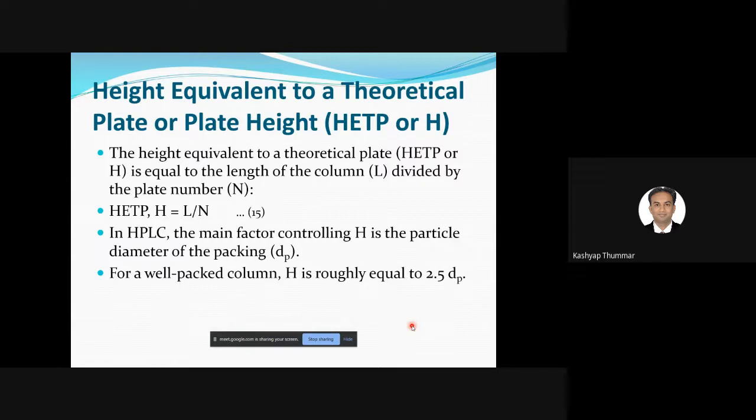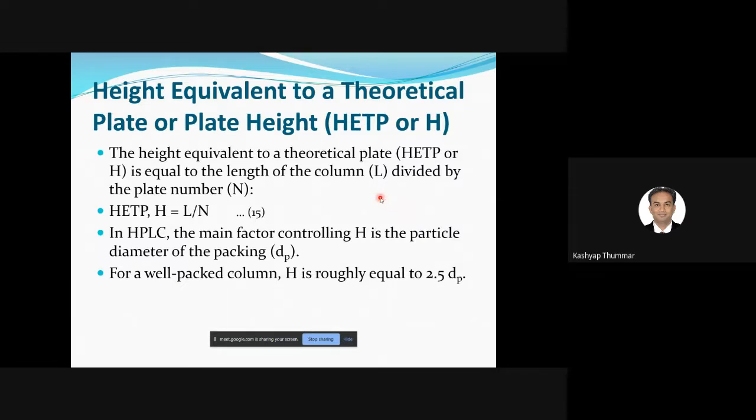Both are similar terms. So what is the meaning of that? The height equivalent to theoretical plate, or H, is equal to the length of the column divided by the plate number.